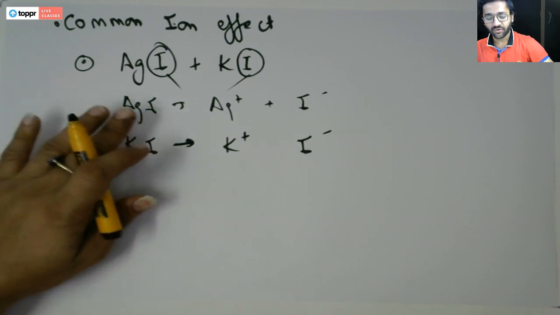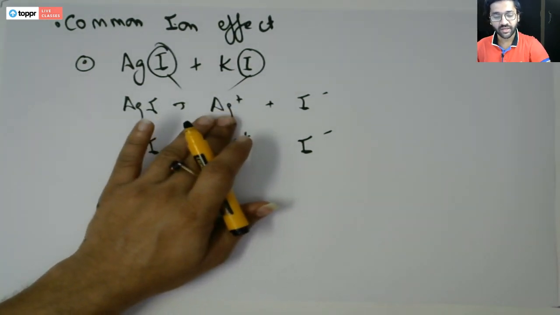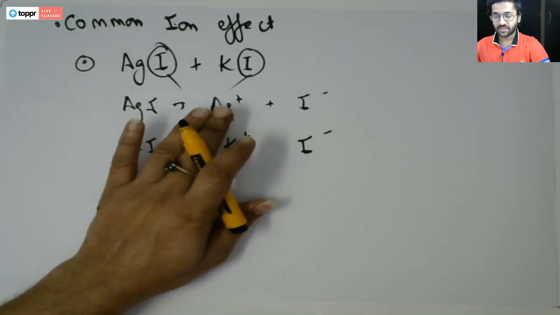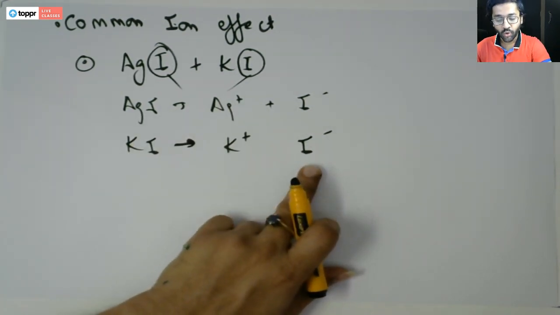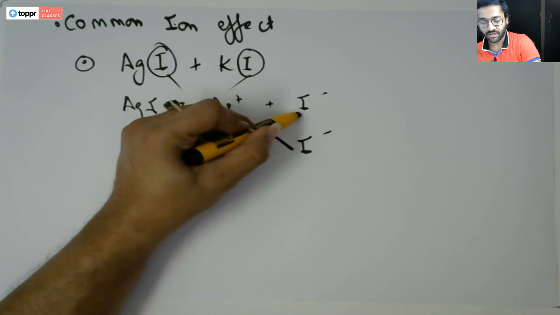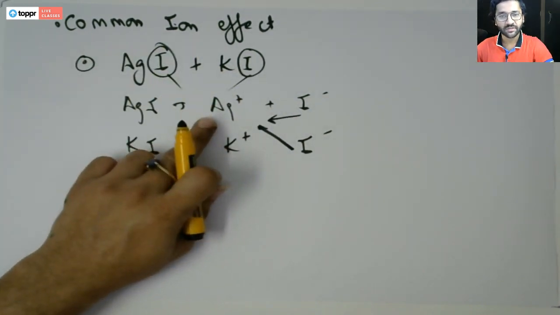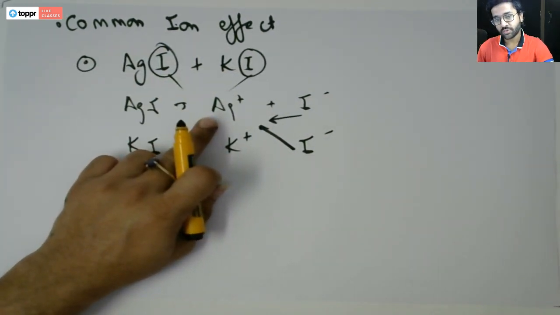So in our last case, initially the solubility of Ag plus was 10 to the power minus 8, but due to the presence of more I minus, it reacted more with Ag plus and the solubility decreased to 10 to the power minus 12.